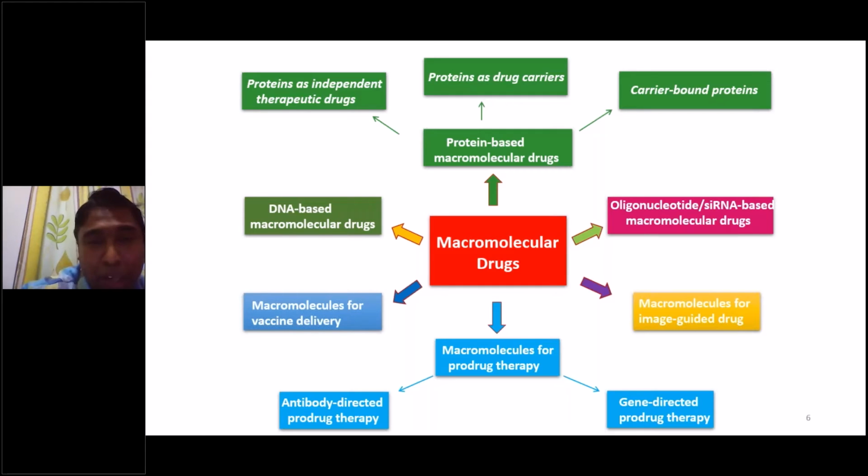Even though the prodrug distributes all over the body, only the drug that reaches the target site that has the antibody-directed enzyme will be cleaved at that particular site and become active. Another way, you can use nanoparticles to deliver the gene of that enzyme that will break down the prodrug, using nanoparticles in a targeted manner. So now it also shows that macromolecular drugs, nanoparticles, or nanotherapies have huge applications.